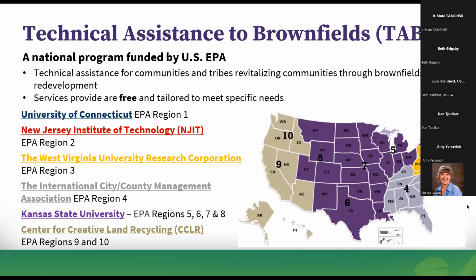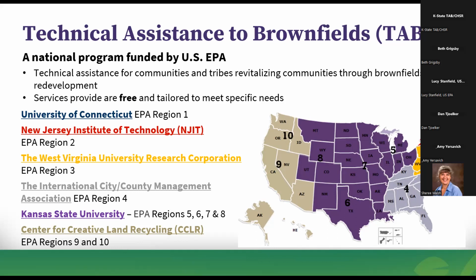And this, along with Ohio EPA's wonderful help, is also being brought to you by the Technical Assistance to Brownfields, in particular, the one operated out of Kansas State University.